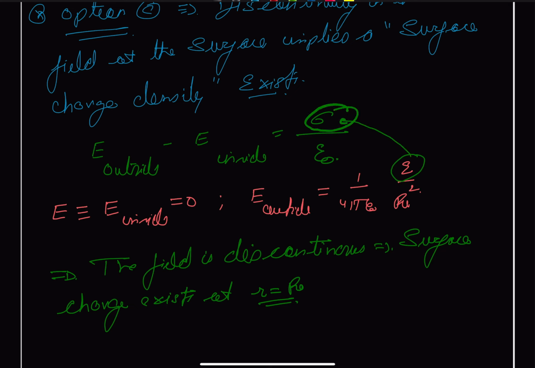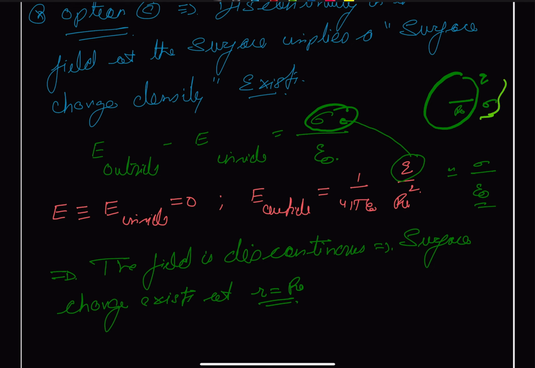We can use the formula Q and the surface charge density, that will be giving us sigma upon epsilon naught, because we have a hypothetical sphere for outside whose radius is r naught. Charge is given as Q and charge density is our sigma.